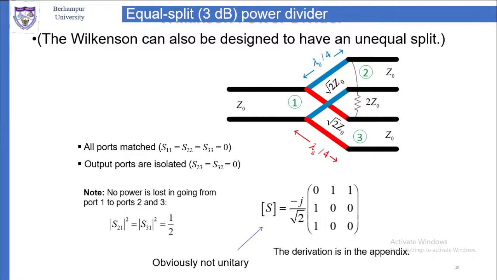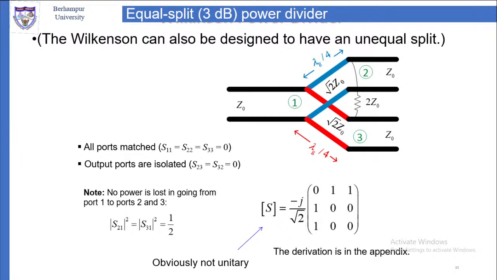Between transmission line 1 and transmission line 2, or transmission line 1 and transmission line 3, there is another transmission line of characteristic impedance root 2 into Z0, and the length is lambda g by 4.